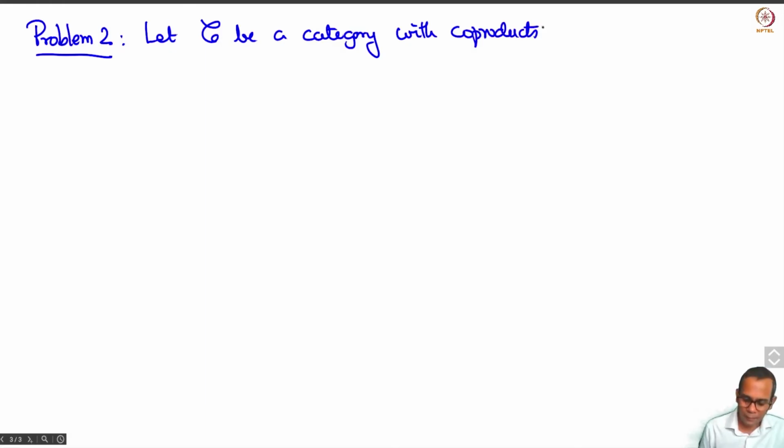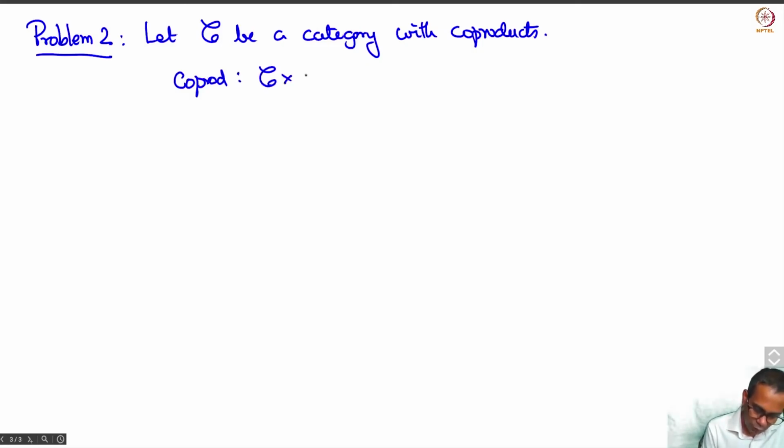Which means that given any two objects A and B, you have a coproduct which we denote by A plus B. Now we have a functor coprod. We can think of coproduct itself as a functor.